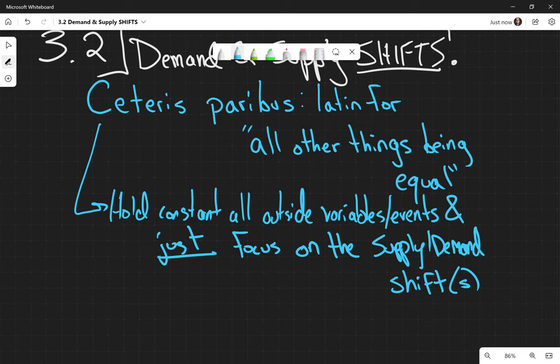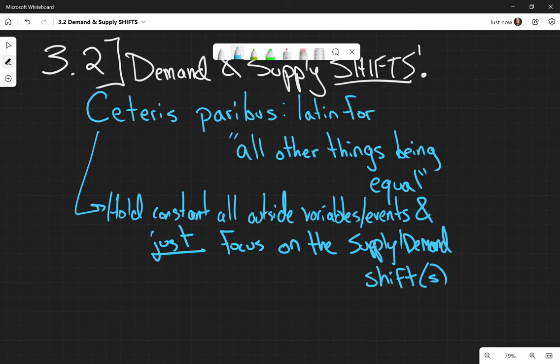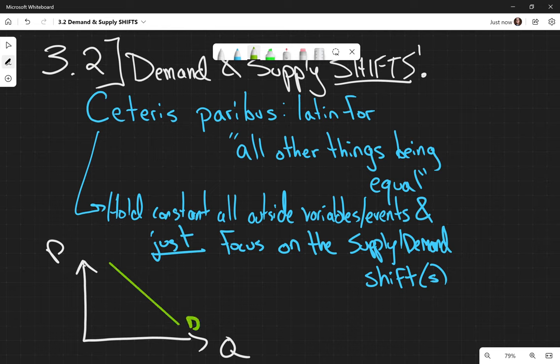So what are things that are going to shift the demand curve? So first of all, we already talked about this last class, but it's worth mentioning again. There's a big difference between a movement along my demand curve, which would be any sort of change in the price, right?